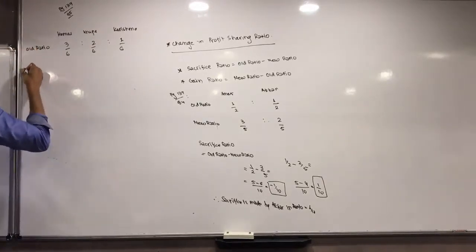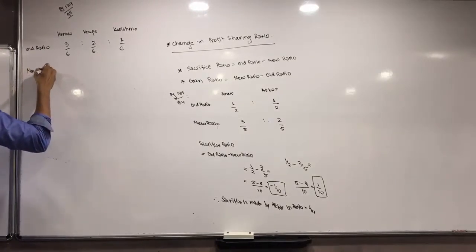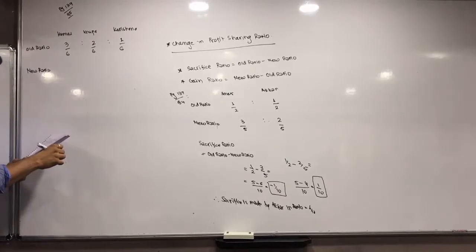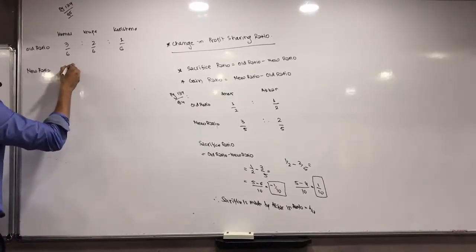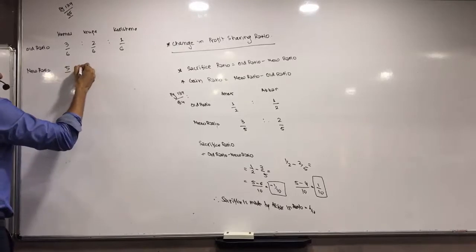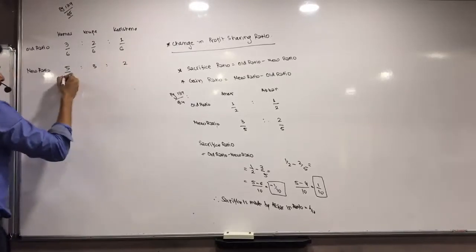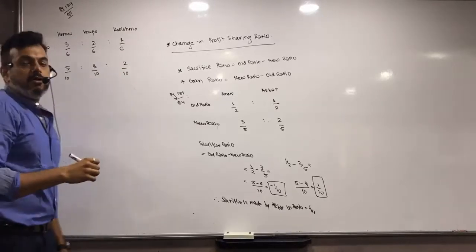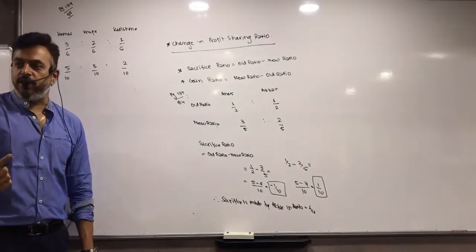Okay, then the new ratio is given, which is 5:3:2. So 5 by 10, 3 by 10 and 2 by 10. What we have to find is the sacrifice ratio.